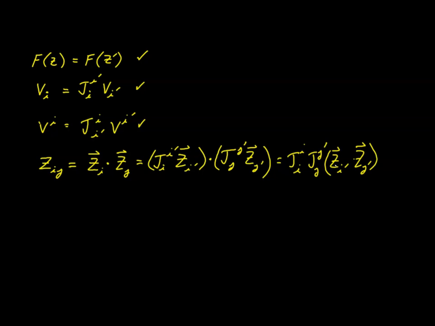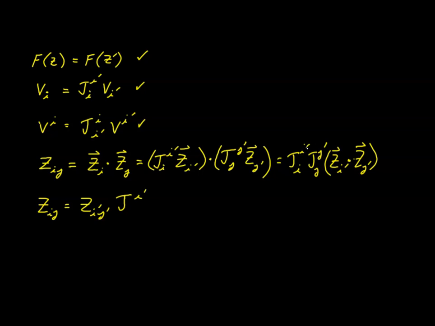But you recognize, I hope, that this is just the expression for the covariant metric tensor in the prime system. So after doing all of that, we can say that z_ij then would be equal to this factor, which is z_i prime j prime, that's just this expression, this dot product here, times the two Jacobian factors.